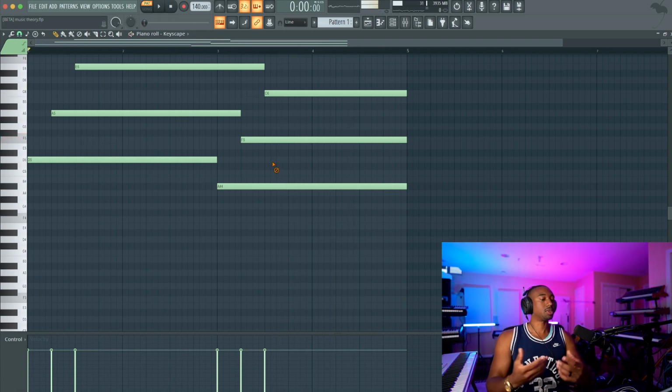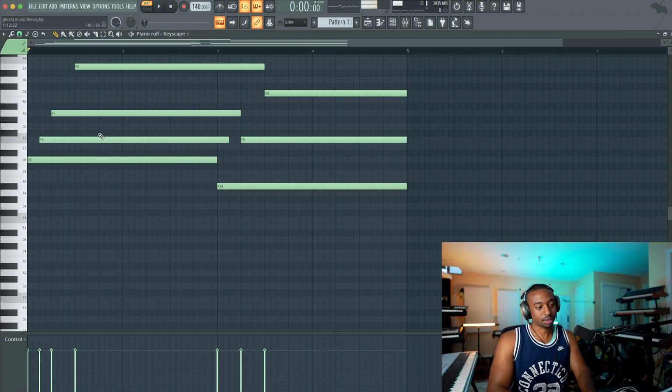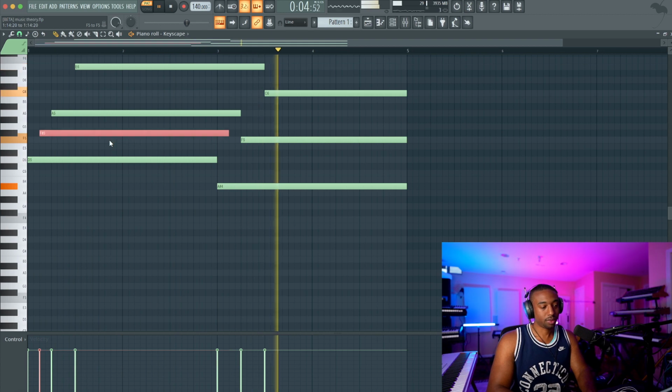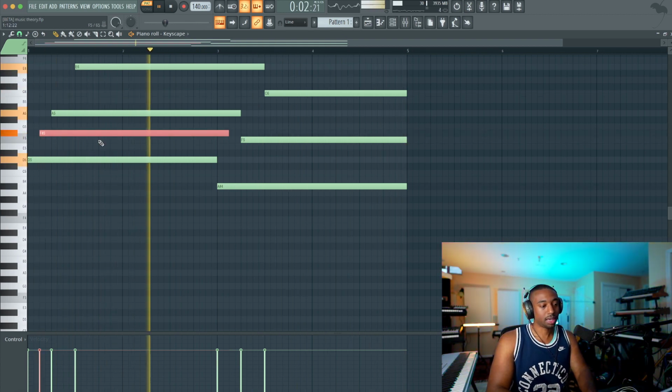These are the things I'm trying to show you. Once we add that third in there, that's where it gets its chord identity. And if I switch that third to a major, it gives the chord type.